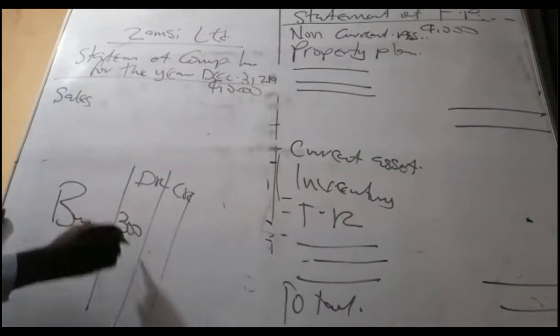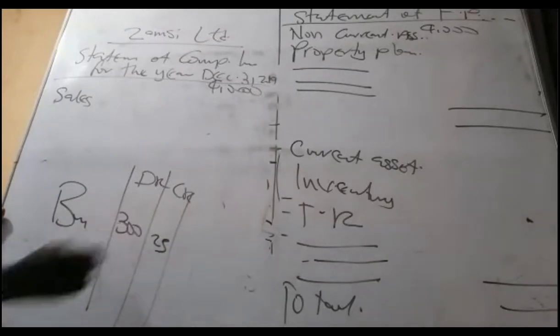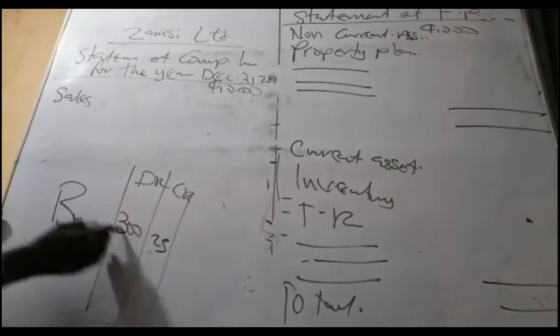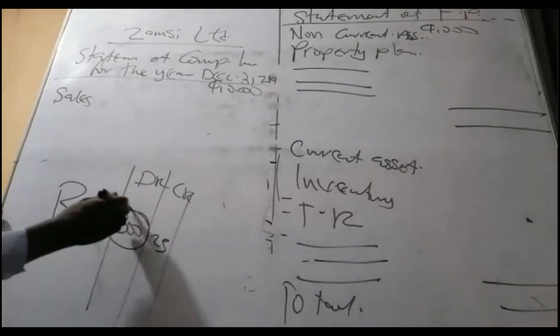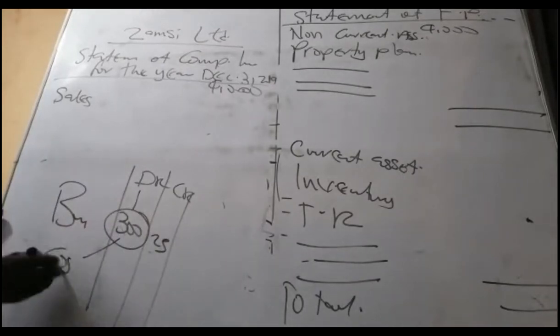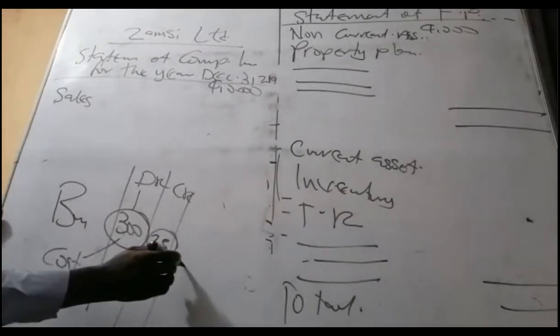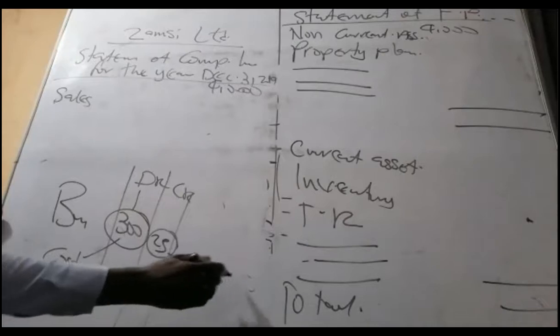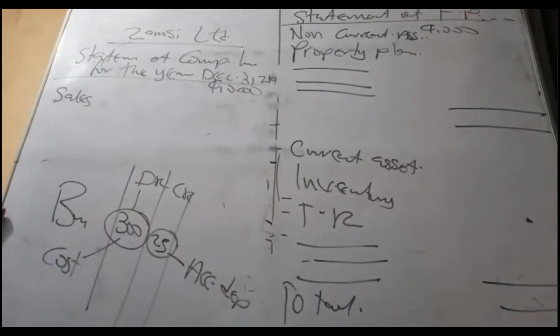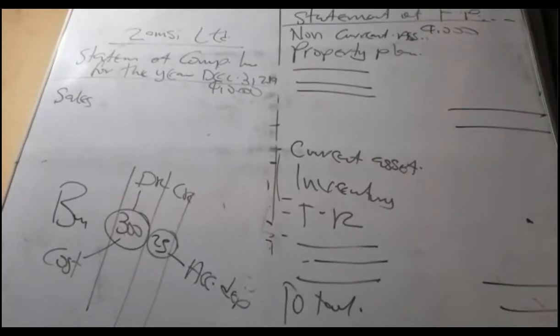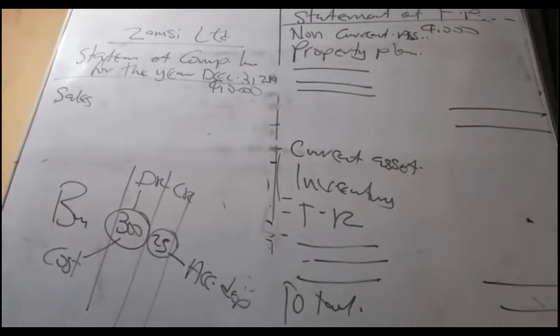Yes, 300, and yes, let's say 25. And a written building. So the one on the debit side is the cost. So cost of the building is the debit side. The one on the credit side is what? Is the accumulated depreciation, whether they state it or not. If you see any building or any of our assets, the PPE at the credit side, it represents what? Accumulated depreciation. So take note. It represents accumulated depreciation. Okay.